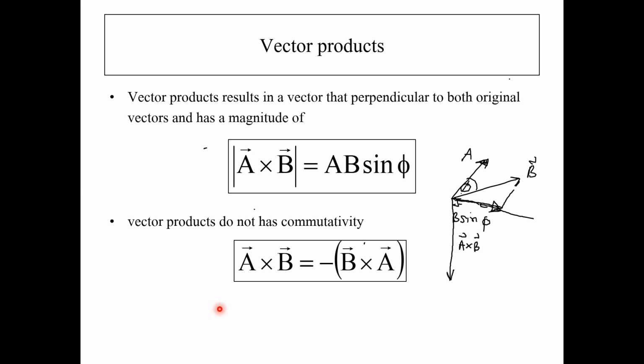Another way to see it is, if you're using the right-hand rule, A cross B is not equal to B cross A, because the resultant vectors are both perpendicular to A and B, but they point in the opposite direction.